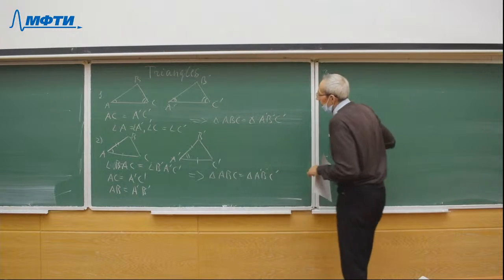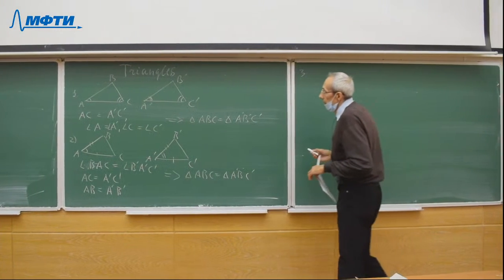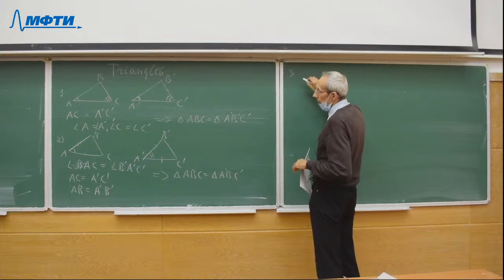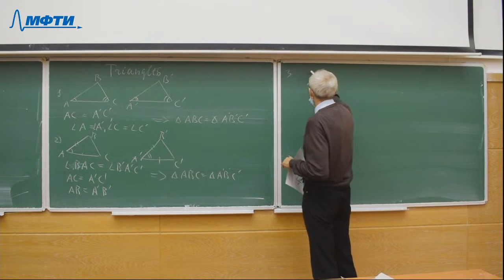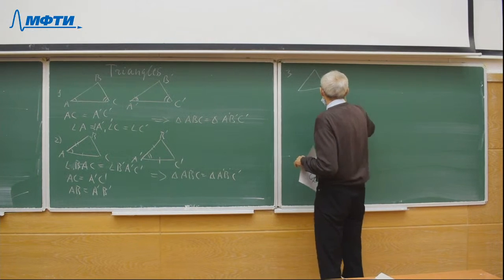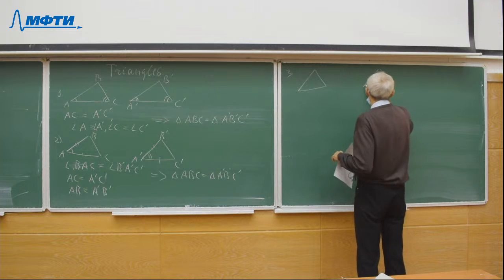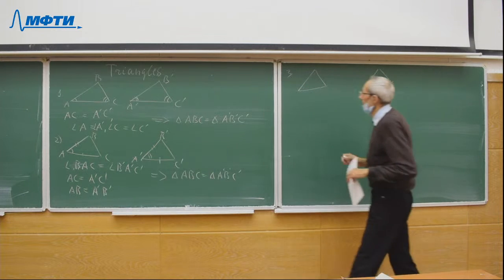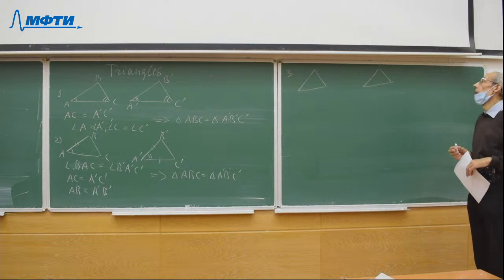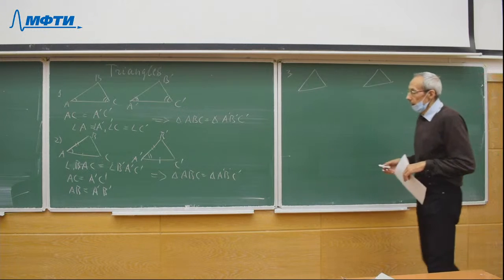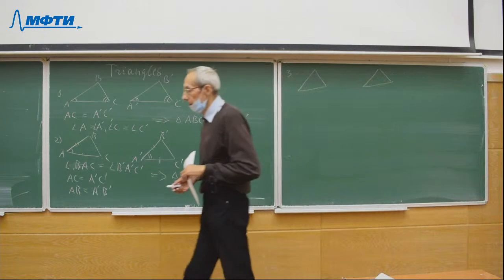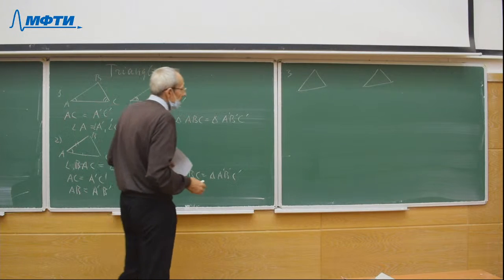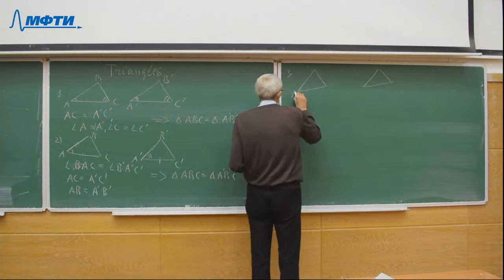And the third condition is as follows: if all sides of one triangle are equal to three sides of another triangle, then these triangles are equal.